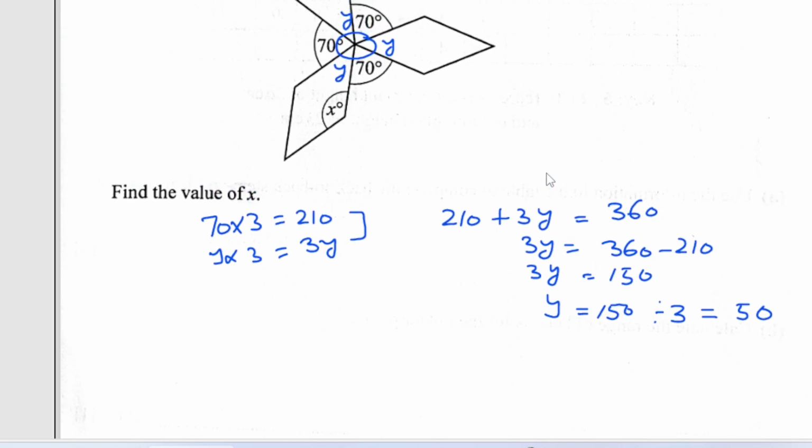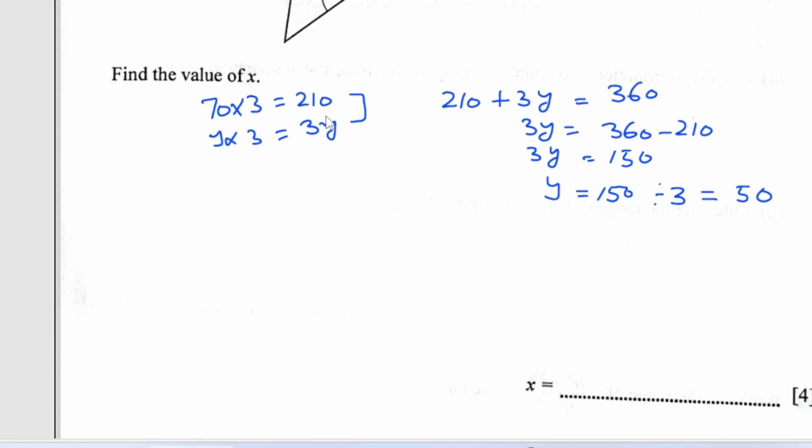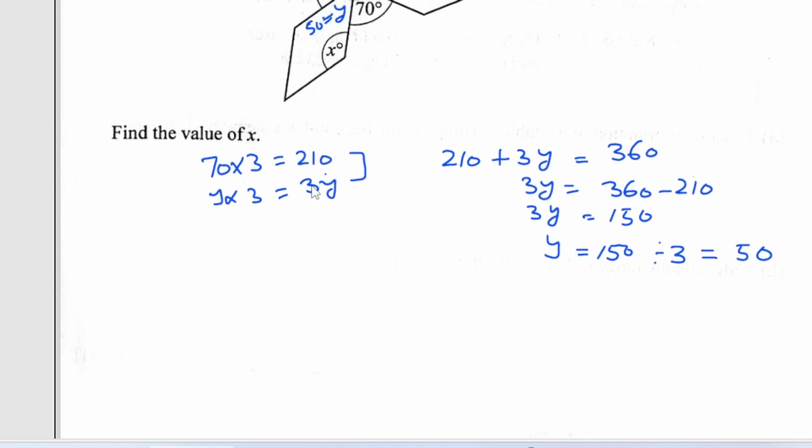Now we can use another property. We got y as 50. Opposite angles of the rhombus are equal. This is going to be x, and this is also going to be 50.